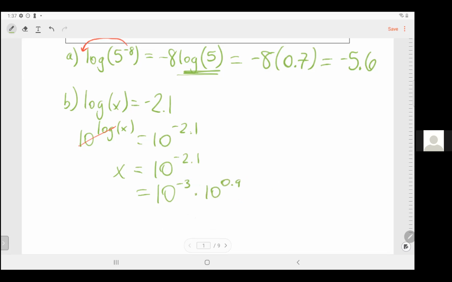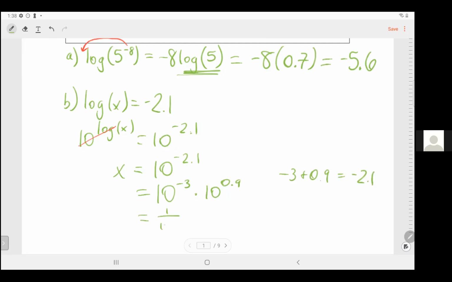Okay, the other way is correct, but I like this way because then I'm just dealing with a positive exponent here. And that's the same thing as before, because if I were to add these exponents, negative 3 plus 0.9 is in fact negative 2.1, like what we started with. But it's not a big deal if you don't think about that. The other way works just fine.